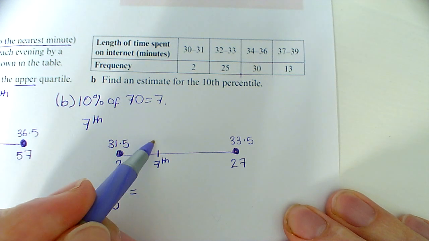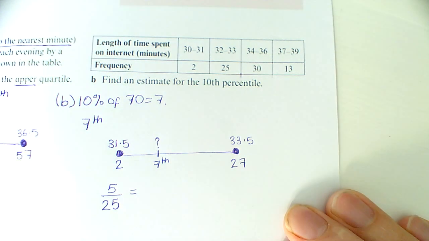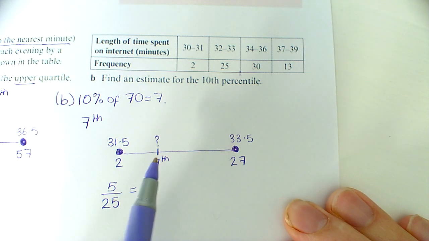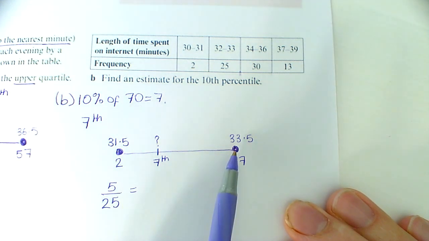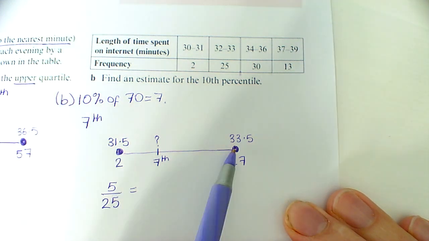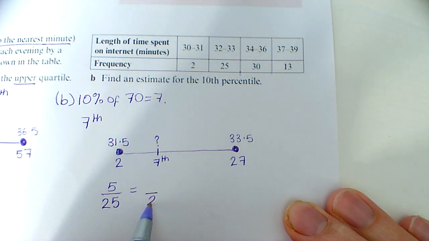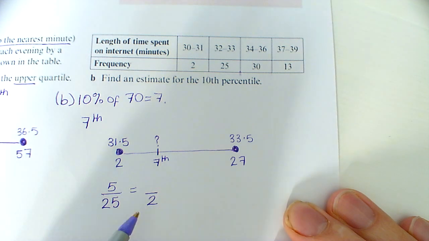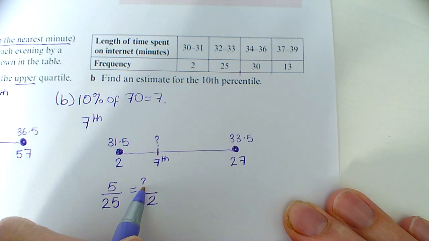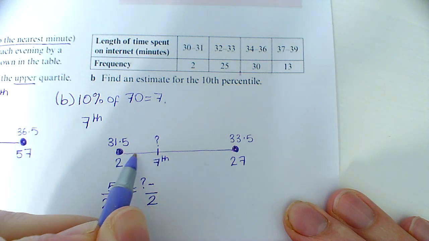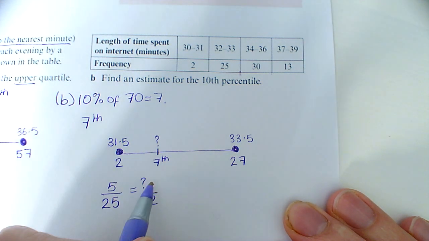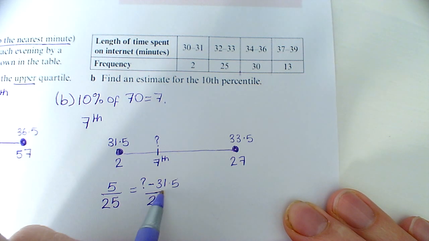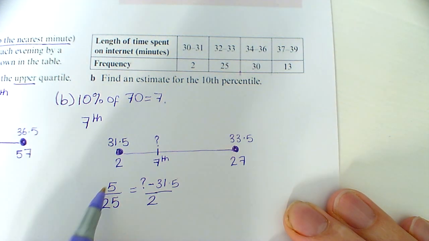This is the bit of data we're looking for, which will give us the estimate for the 10th percentile, and it needs to be the same fraction of the way in. The whole class interval is 2, and we want the distance here to give the same fraction as here. We'd take this value away from that one, and rearrange to work out the missing value.